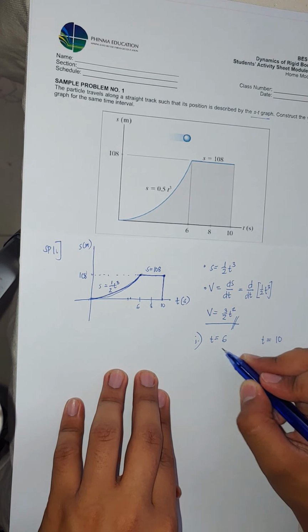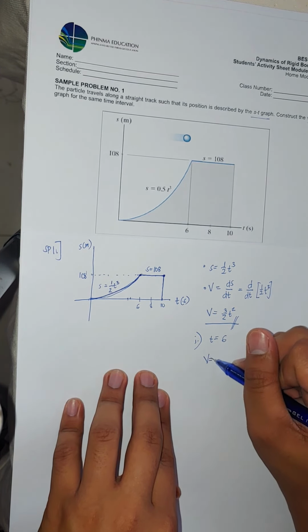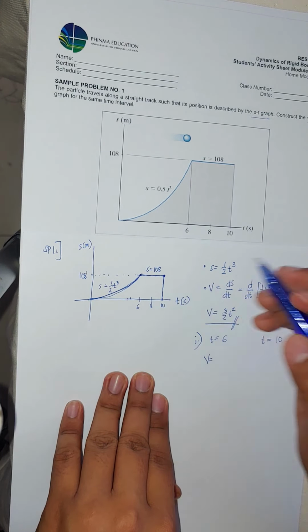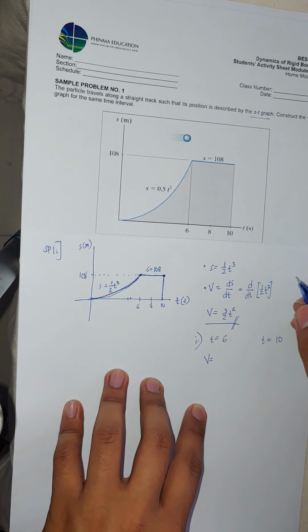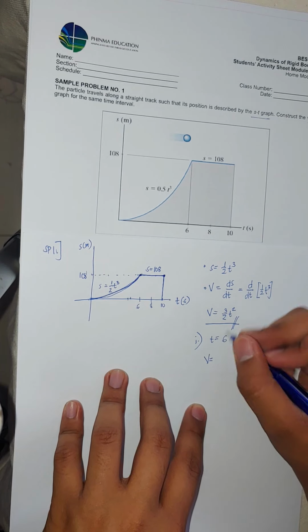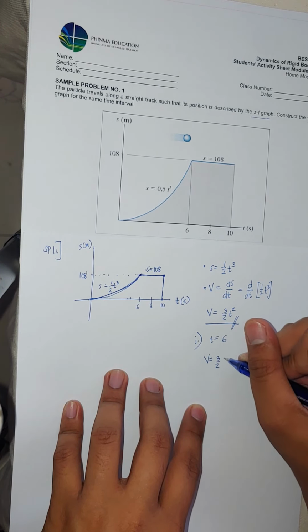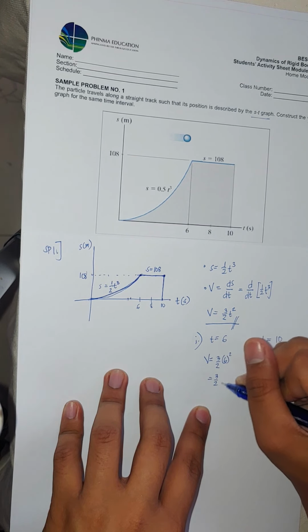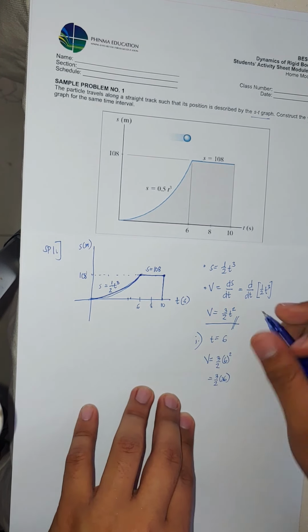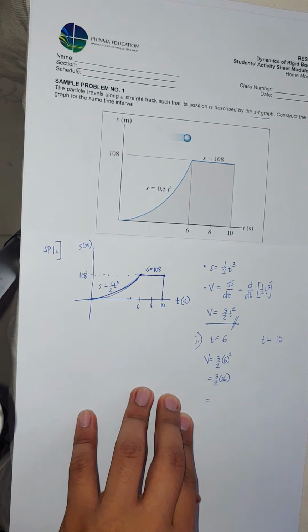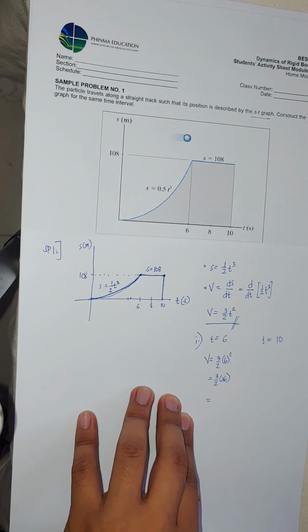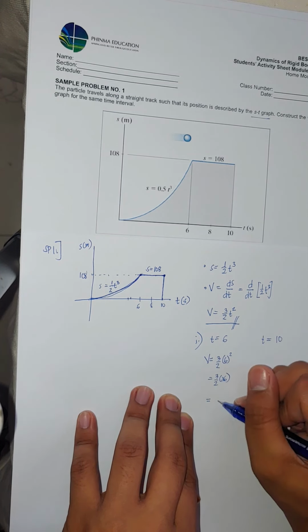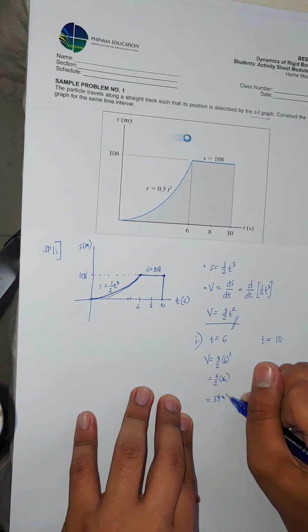So at 6 seconds, what is the velocity? That is 3/2 times 6 squared equals 3/2 times 36, which is equal to 3 times 36 divided by 2, equal to 54 meters per second.